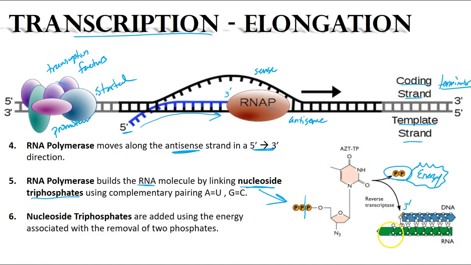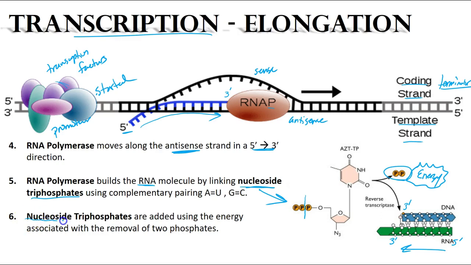Okay, so if this is our 3' end, this is our 5' end, it is making the RNA in a 5' to 3' direction, using the energy associated with the removal of the 2 phosphates of this nucleoside triphosphate RNA nucleotide. And so we are linking those one by one in a 5' to 3' direction as we go from promoter to terminator.